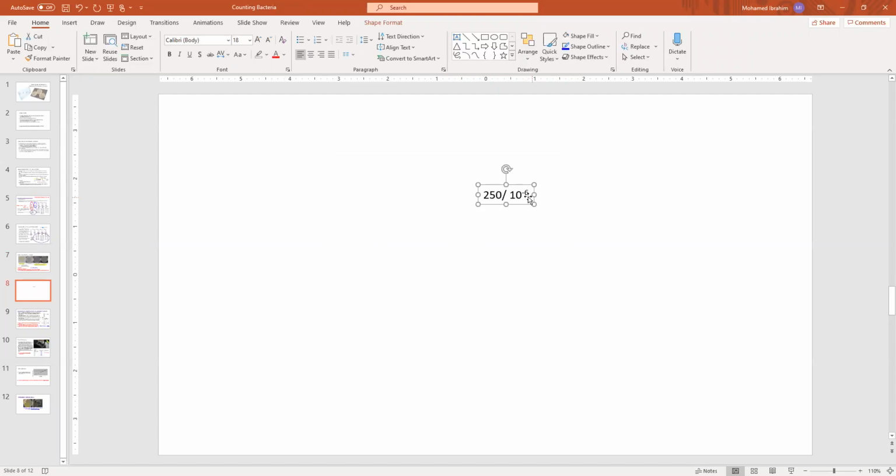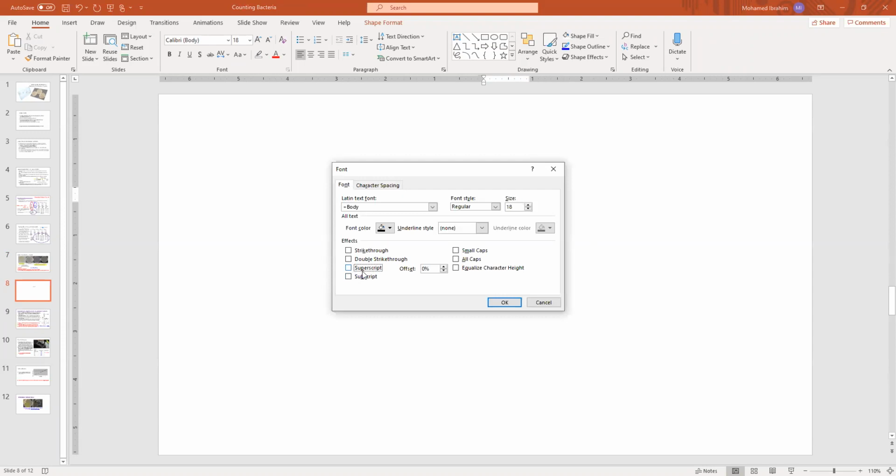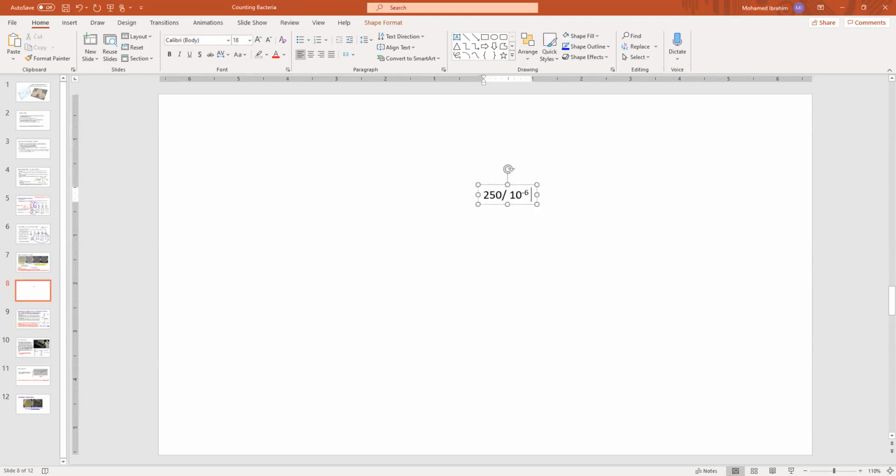Then I need to multiply it by the amount plated, which is going to be 1 mil. When you have a division like that, the 10 to the minus 6 I need to change now to 10 to the power of 6, because now we are multiplying, it is not a division.